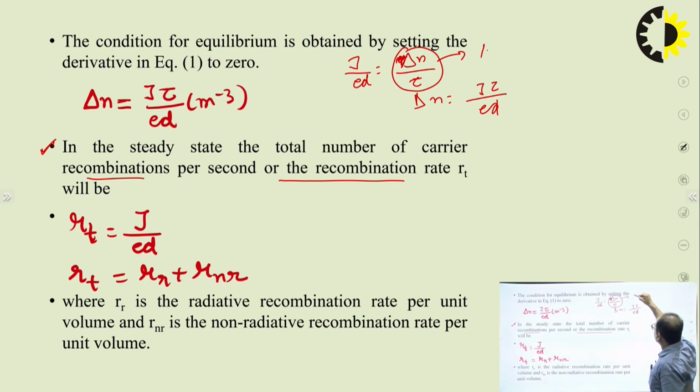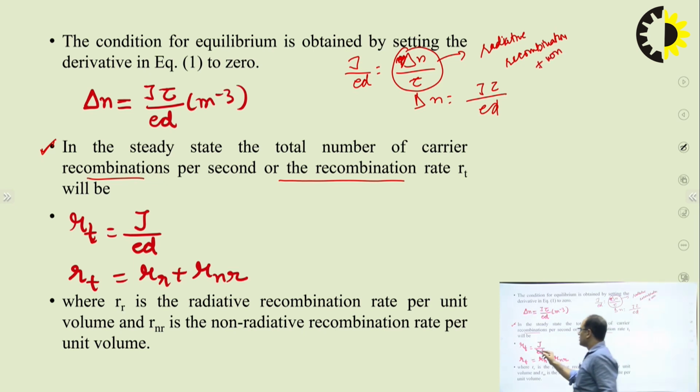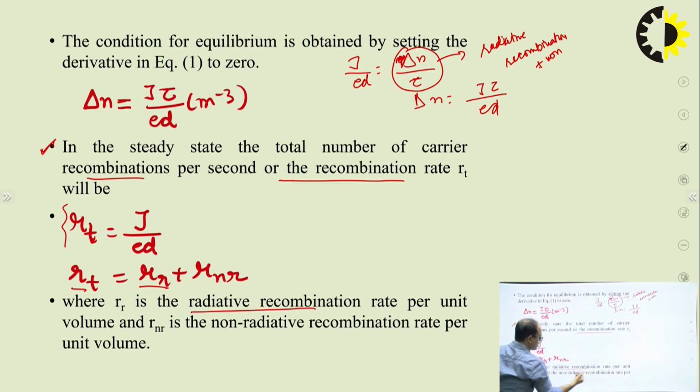And this includes the radiative recombination and non-radiative recombination. So I can say that the total recombinations per second is equal to J by ed, and this is equal to the sum of the radiative recombinations plus non-radiative recombinations.